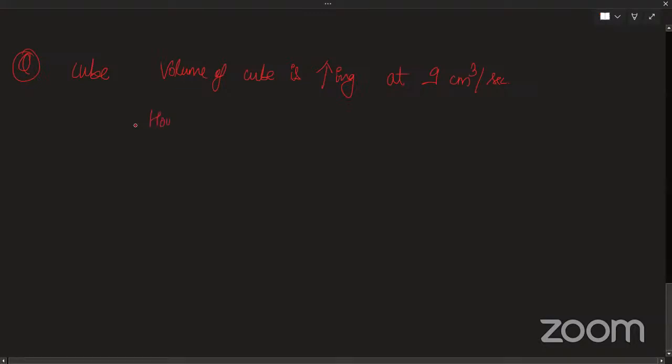So how fast is its length changing? Now you will need to use chain rule.